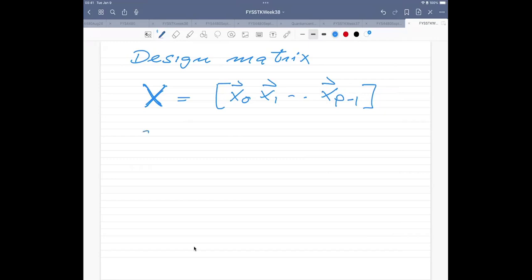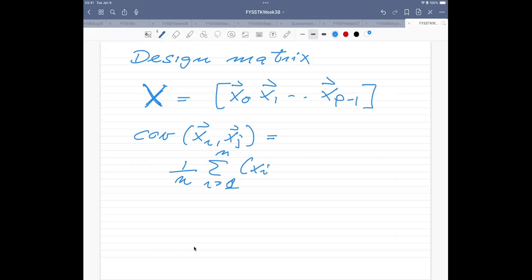The covariance measures the degree of correlation between the data set in column i and the data set in column j. The covariance is defined for, let's say, a vector x_i and x_j. This is defined as 1 over n, and we sum from l equal 1 up to n.